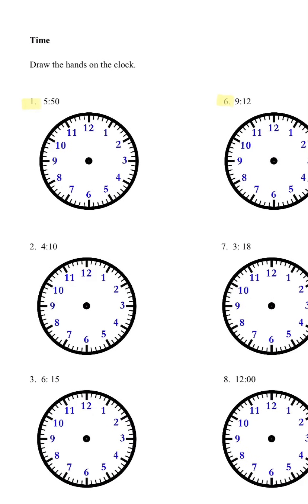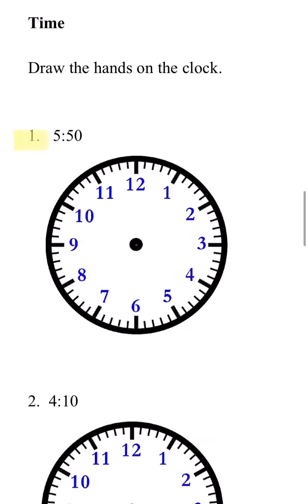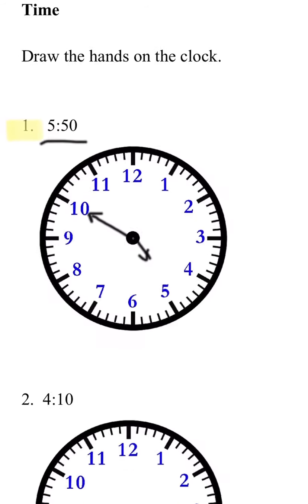So it says draw the hands on the clock. So let's look at number 1. It is 5:50. Okay, so 5, okay, and then 50. Right, easy.